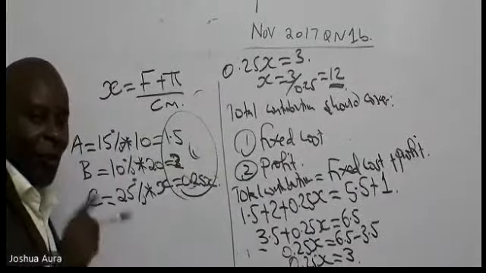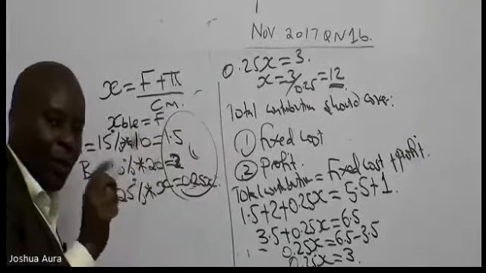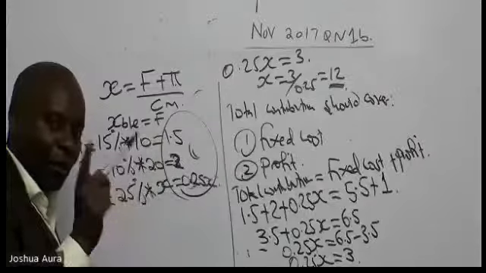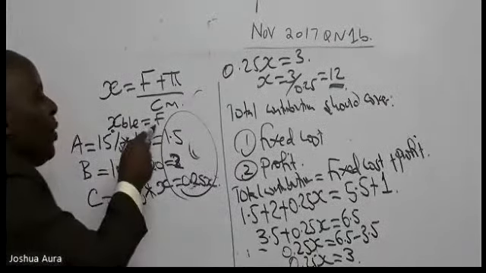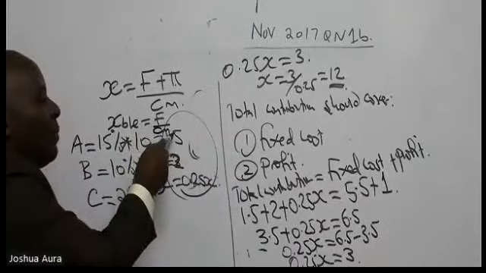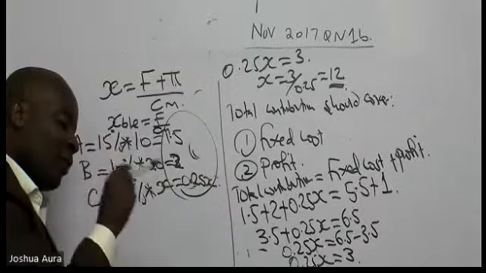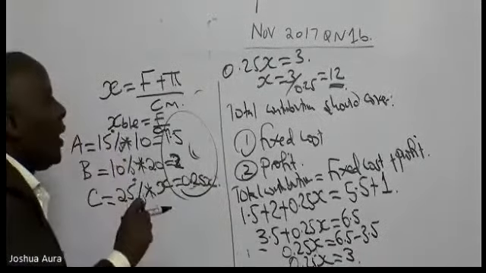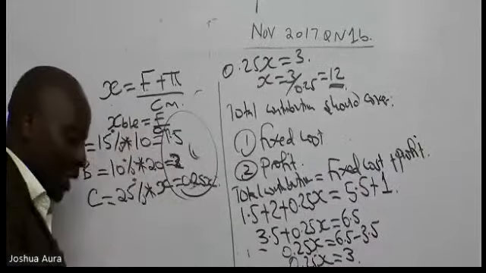I know what most of you will tell me, but Mwalimu, how about X break-even? X break-even, of course, is the one where we leave out the profit, because at the break-even point, profit should be zero. So in this case, X break-even will be fixed cost over CM. But whenever you are targeting some profit, to get X you have to take the fixed cost, because that has to be covered.